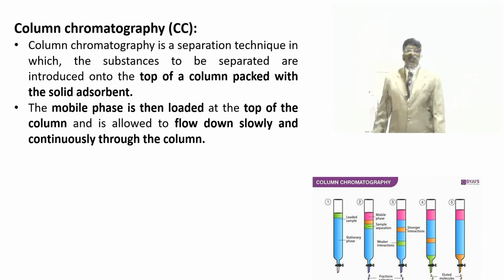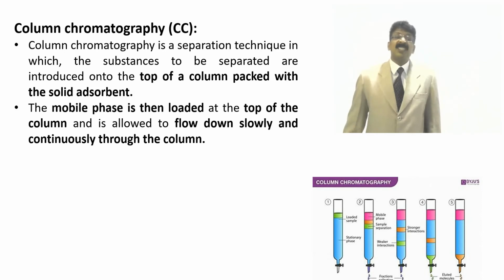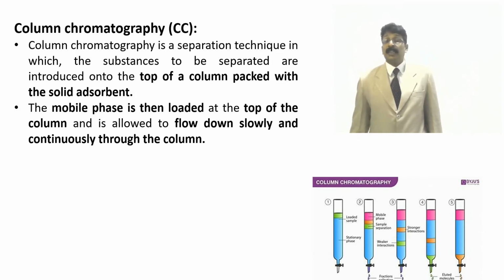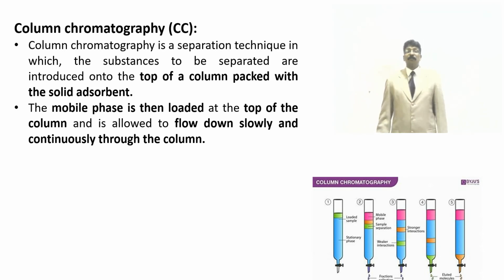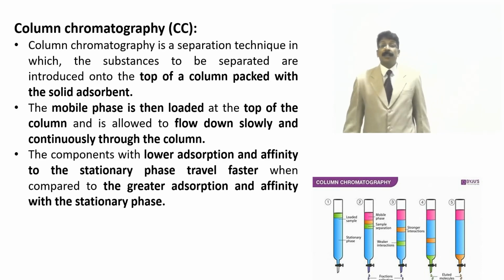So the mobile phase is then loaded from the top by means of a reservoir. Usually a separating funnel can be kept at the top of a column and allowed to flow down slowly and continuously through the column. By means of gravitational force, it will slowly move through the stationary phase.